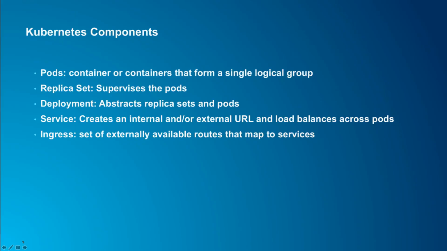And then there's a service. So a service basically puts a URL on a group of pods. So if you want to launch a Postgres database in your cluster, and you want to reach it from any of your applications, you would have an internal service. So if you had a service called Postgres, any of the applications can reach Postgres using the DNS name Postgres.